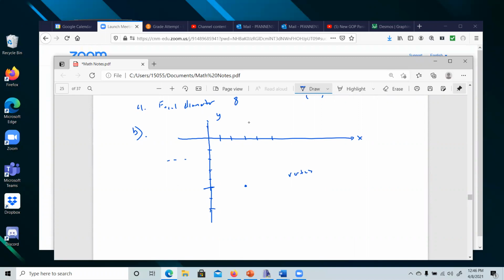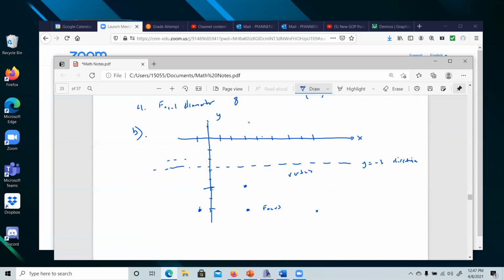Here's my directrix. Oops, wrong one. Okay, our focus was at 5, 6, 7. Okay, so here's my focus. And then the value here, that was -1, 3, 4, 5, 6, 7, 8.